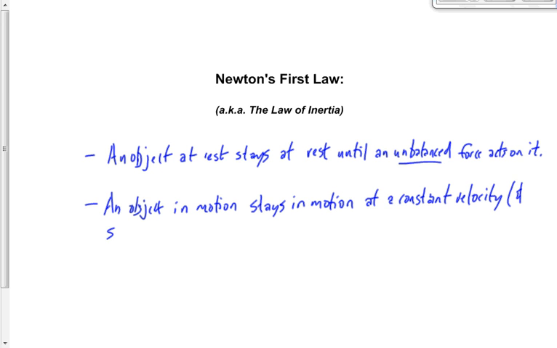If it's a constant velocity, it can't be changing direction. So an object in motion stays in motion at a constant velocity in a straight line until acted upon by an unbalanced force. In other words, until a net force acts on it.